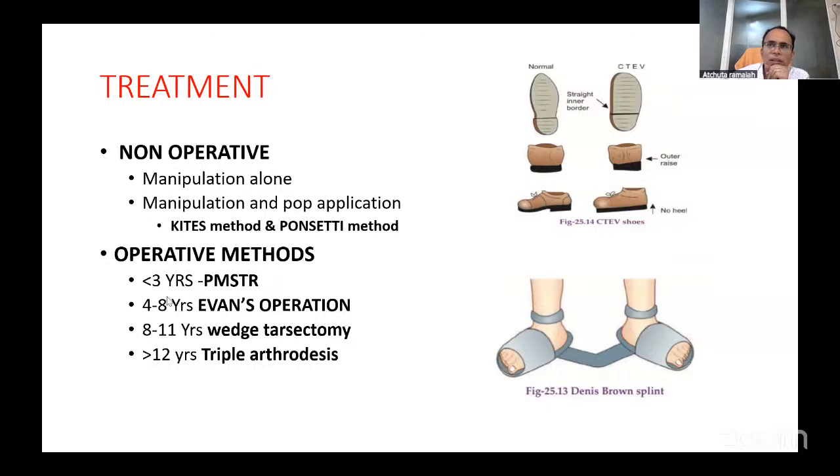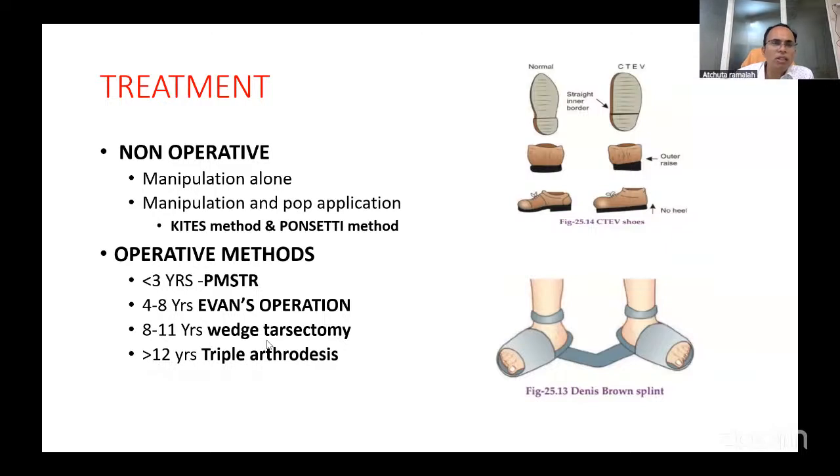The posteromedial structures, flexor hallucis longus, flexor hallucis brevis, tibialis posterior, are usually in a contracted position, so these will be released. After 3 years, there will be some skeletal maturity, and if the deformity is not corrected with soft tissue procedures, we will do bony procedures like the Evans operation, wedge tarsectomy.